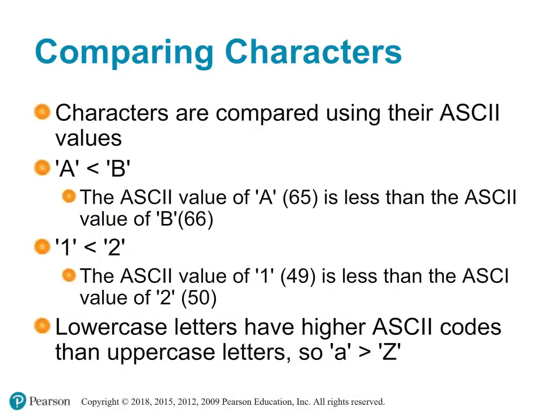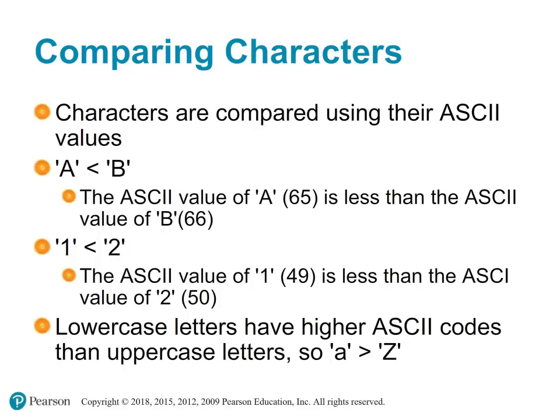In C++, characters are compared using their ASCII, American Standard Code for Information Interchange, values. This is important to understand when working with conditional statements involving characters. Each character has a corresponding ASCII value, which is an integer.